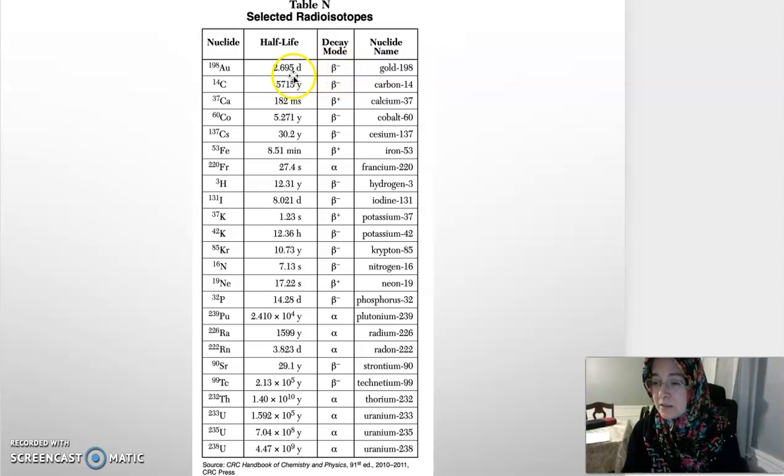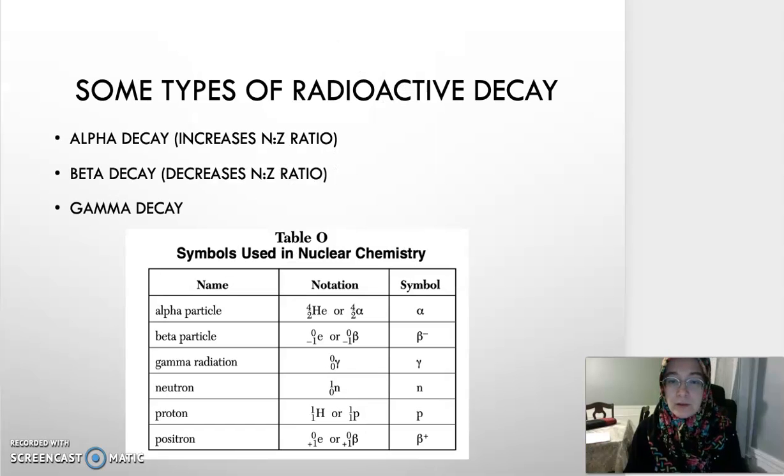How long does this decay take? 2.695 days. Okay, so you will go and check beta minus decay. What is beta minus decay? You will come here. Beta minus decay means beta particle decay. It means it's going to go through that reaction.